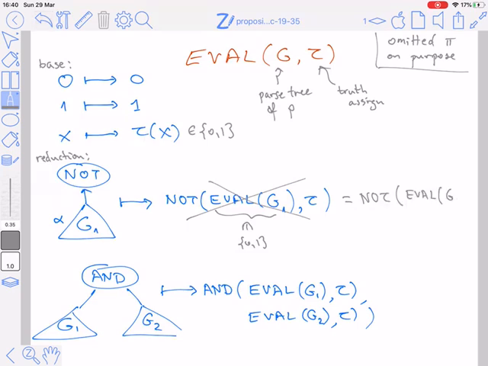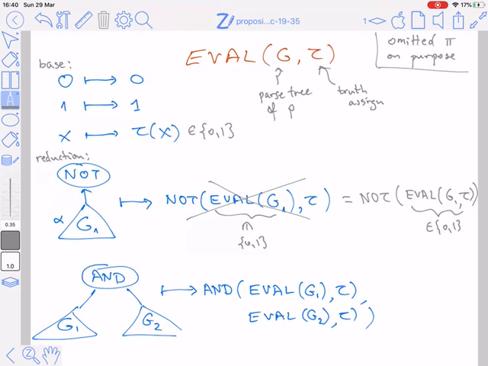Let's fix it. Good. So we evaluated G1 based on our assignment tau. We got a bit as an answer. This is inside {0, 1}. And we take this bit and now we invert it. This is the outcome of eval and not on G1 with respect to the assignment tau.